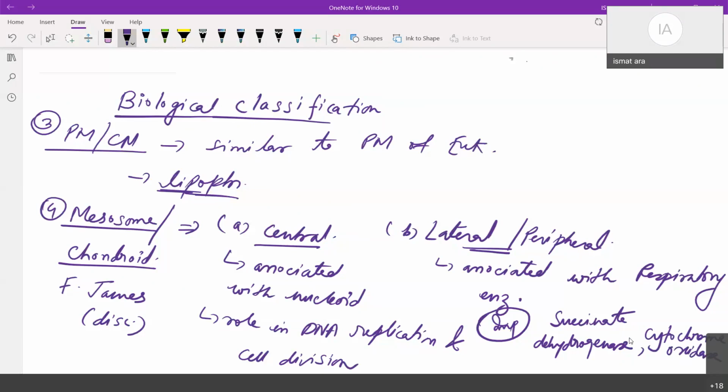They also have an important function in cell wall formation, and they are analogous to mitochondria.